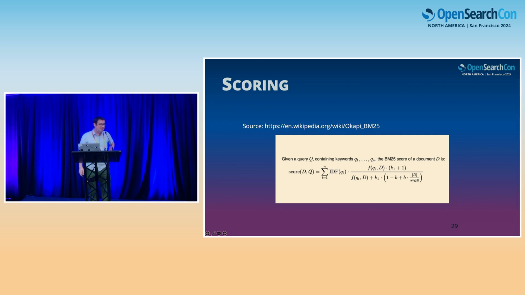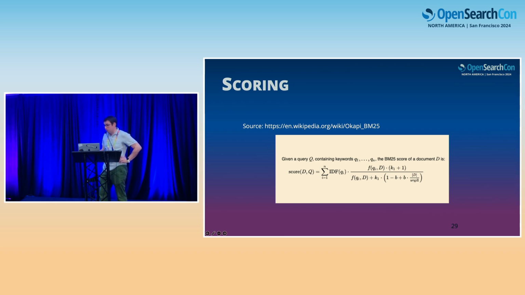No, I'm kidding. Actually, the only real thing you have to pay attention to in the BM25 formula is, I'm going to point over here. K1 is a constant, B is also a constant, the average document length is a constant, and the IDF is not a constant across the terms. IDF stands for inverse document frequency. So it's a property of the search term, but not a property of the documents.